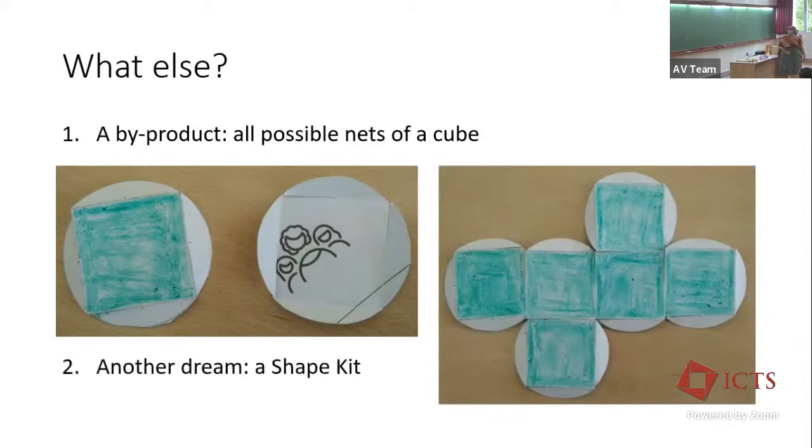And then another dream, a shape kit. What is a shape kit? Now, before going into that, how many of you have watched Shakuntala Devi? That movie. Did you notice that she was doing cube roots? Now, how much of cube root have you learned? I mean, cube root of 125, yes.